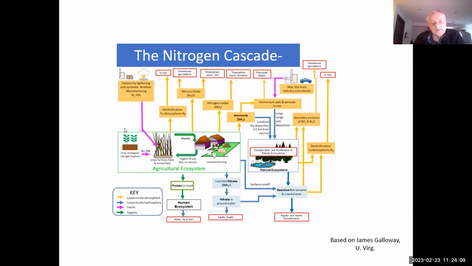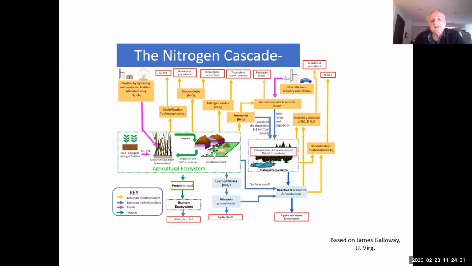So you see in the green box here, this is your agricultural system, and the inputs are fertilizer, mainly, some atmospheric deposition from lightning, and nitrogen fixation, and they go in. And then once they're circulating in the farm, they're producing products, which is down here in the green, and that is the food that we get.